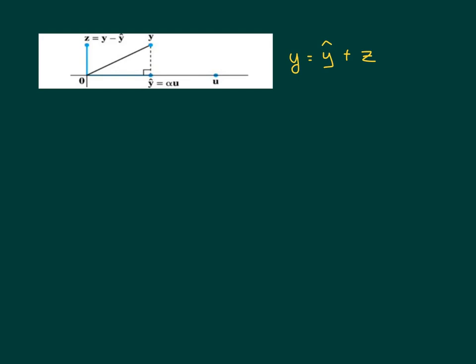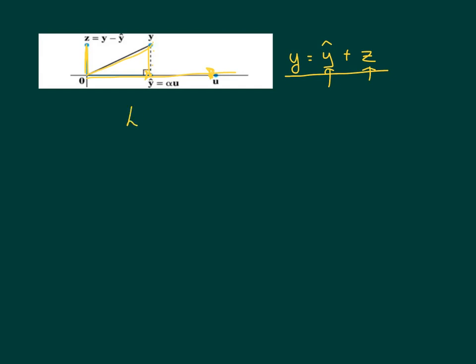And so you can see here what we've basically done is we've taken y and we've projected it onto the same line, and you can see that y hat, since it's in the same line as u, we could say it's a multiple of u, and then this vector z is orthogonal. And so we're decomposing y into two parts where, like I said, y hat is a multiple of u and z is orthogonal to u, which is our other vector.